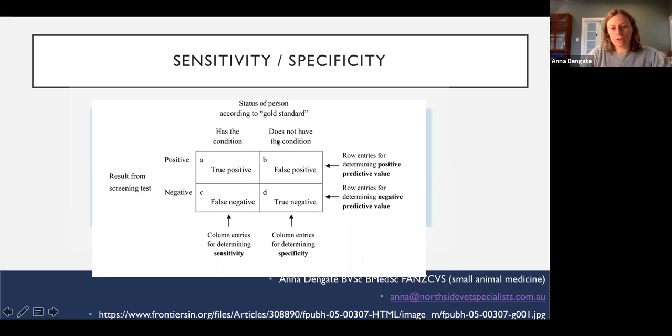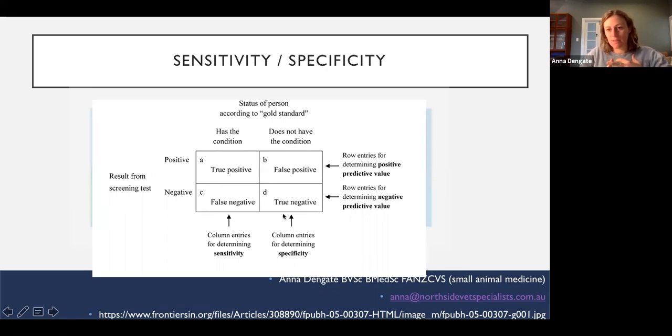And for patients that don't have the condition, if we've got a very specific test, then we're going to get 97, 98% negative results when we test those patients. And then 2% are going to come back positive, even though the patient does not have the condition.